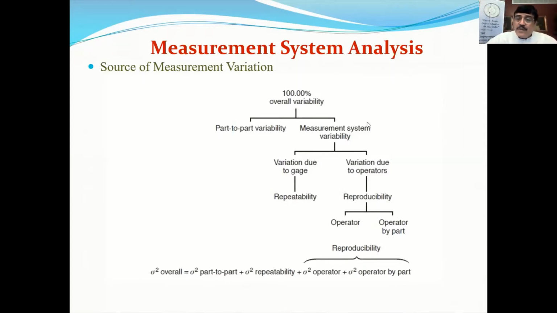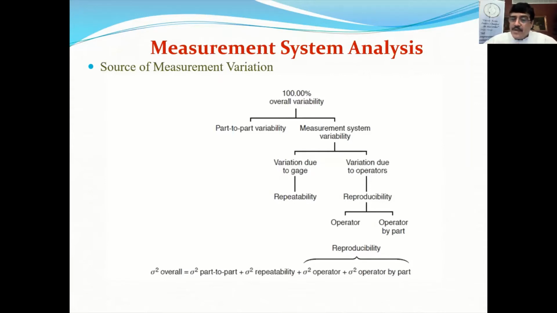So part of this variability is coming from the gauge itself, and another variability is coming from the appraiser, the person who's actually doing the measurement. And for the operator or appraiser, there is an operator in himself, and there is an operator by part. Maybe one part is good in measuring, maybe another part is not.